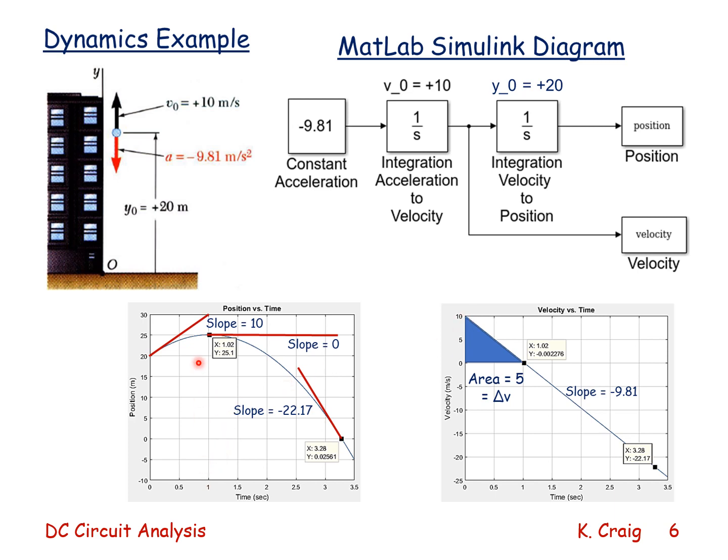At time t equal 1, the slope is 0, as the tangent line is horizontal, and the velocity at t equal 1 is 0. At t equal 3.28 seconds, the slope is equal to minus 22.17, which is the value of the velocity at time 3.28 seconds.